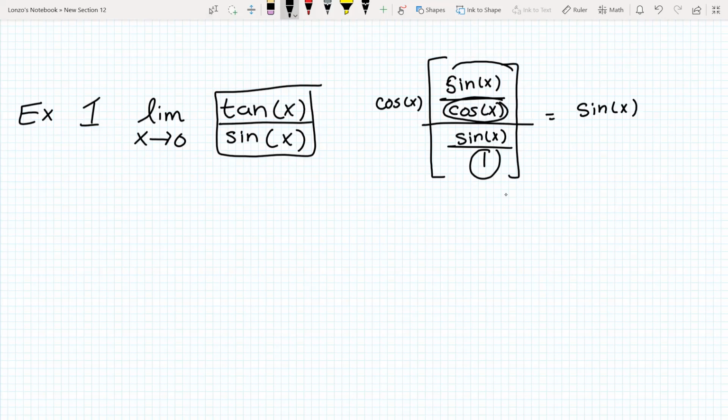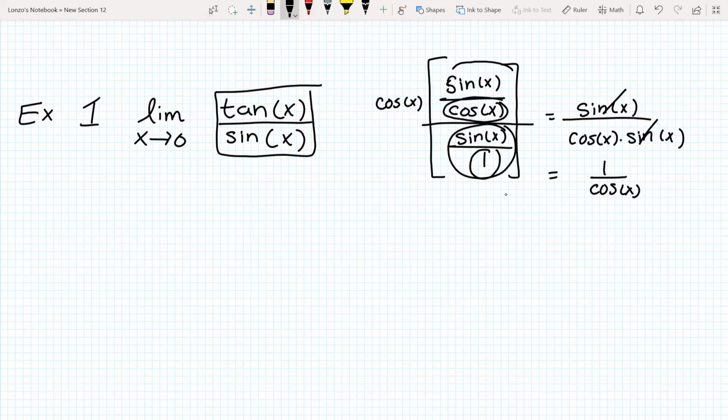And when you multiply cosine of x with the denominator, you're left with cosine of x times sine of x.